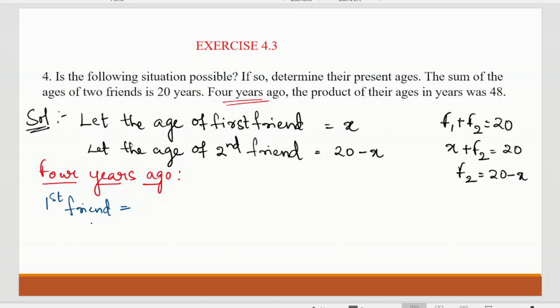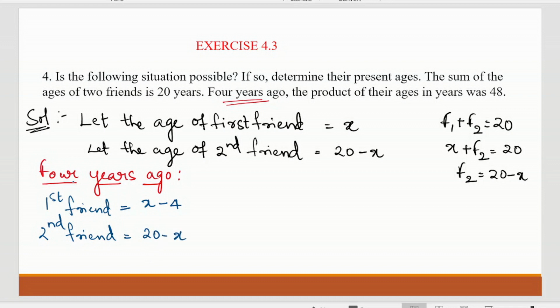Correct? In the same way, the first friend's age 4 years ago will be X minus 4, since we have taken the present age of the first friend as X. And the age of the second friend is 20 minus X, right?